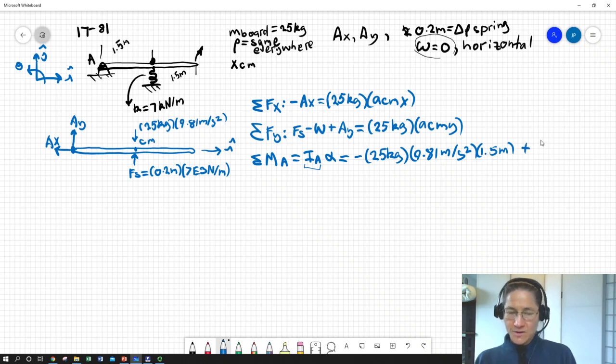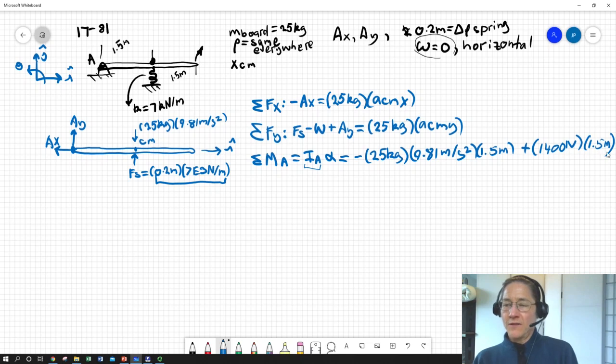Plus the spring force, which ends up being 1,400 newtons, significantly bigger. And that's also acting at 1.5 meters. So they're both acting at the same point. So now I need a value for alpha.